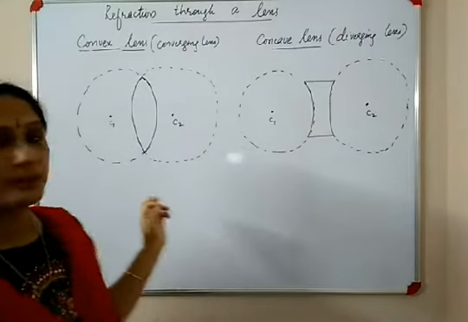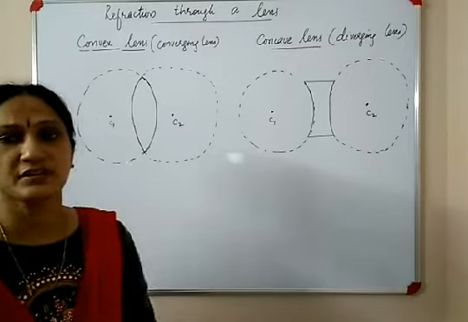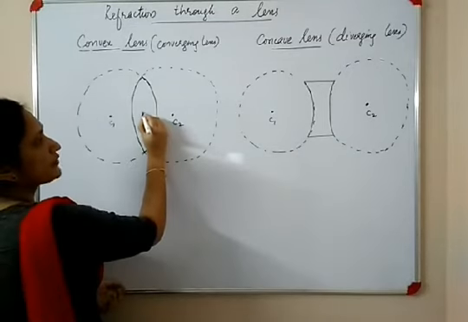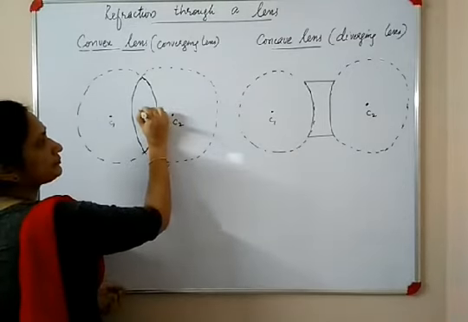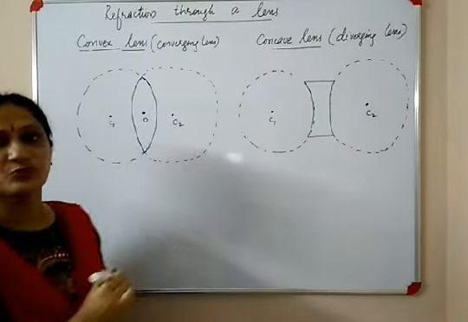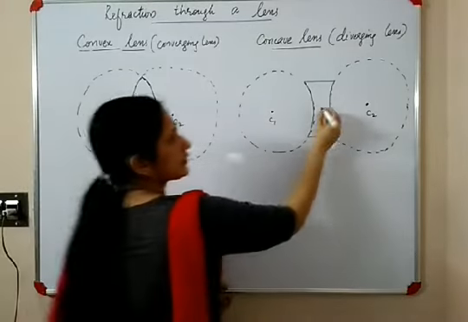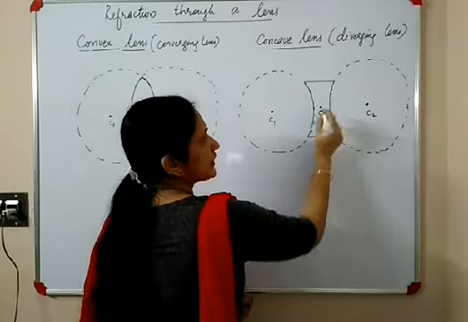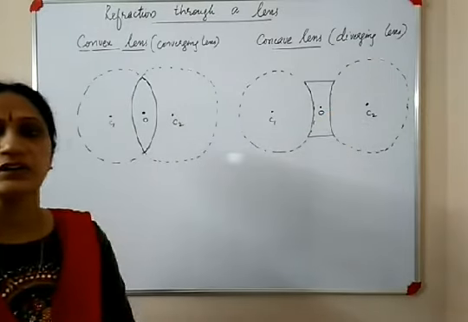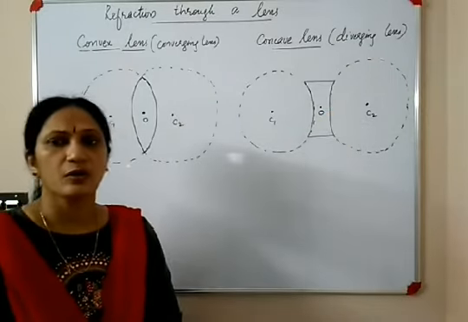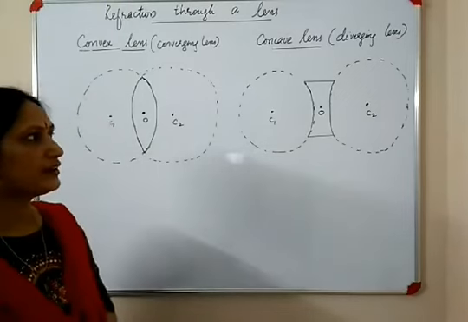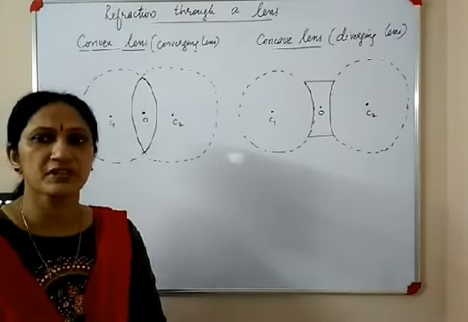Okay, so that is about radius of curvature. Then the next point, optical center. It is the midpoint of the lens. The symbol we use is O. The center point of the lens is called the optical center, and it has a special character.